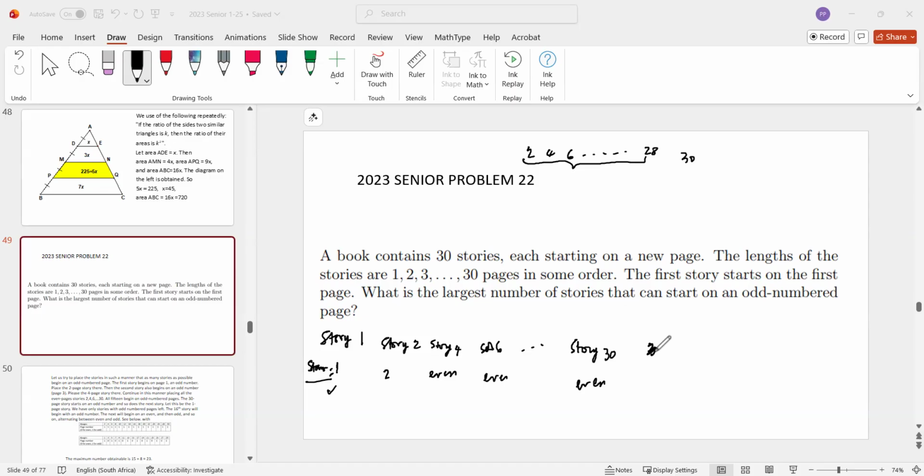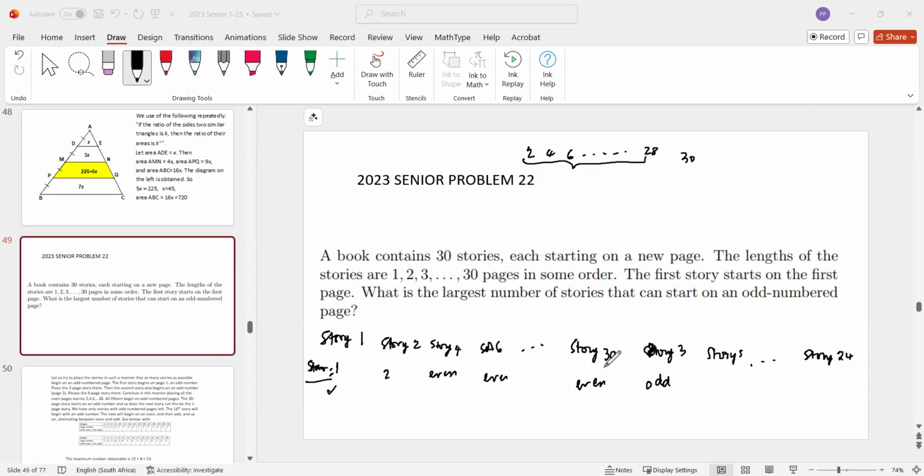And now let's do story 3. And then story 5, all the way up to story 29. Now you'll notice that you're starting with even, this will finish at an even, and now the story 3 will start at an odd, because it's got 3 pages, you see.